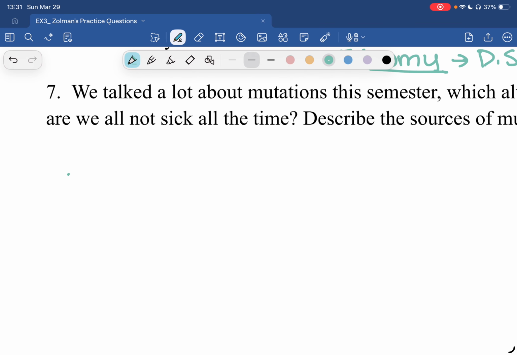Remember that sometimes they might be in a non-coding region. So if a mutation occurs in a non-coding region, then it's not going to get read, and most of the DNA is made up of non-coding regions. So it doesn't matter, because if it's not getting read, it's not getting translated, it's not turning into a protein, it doesn't have any effect.